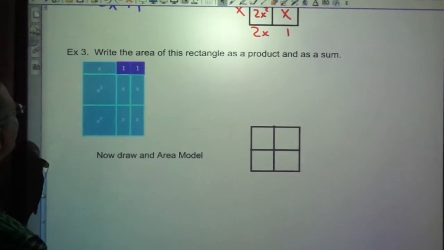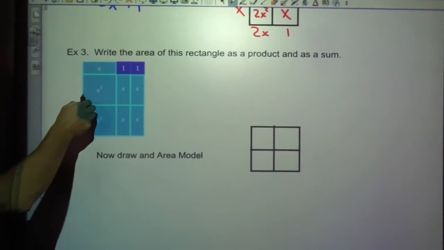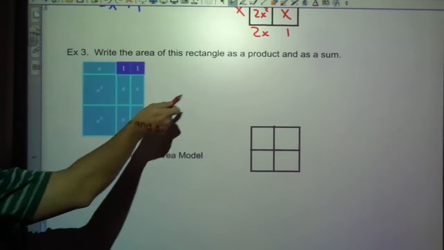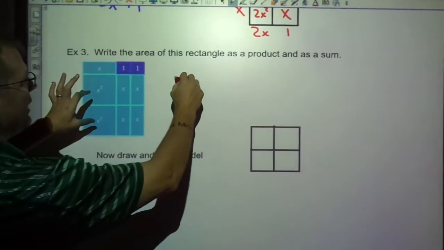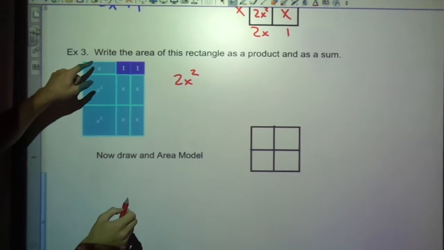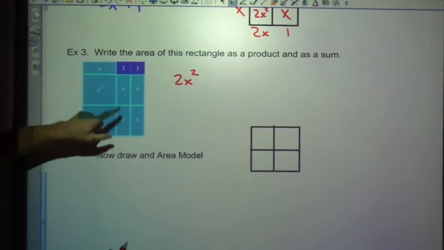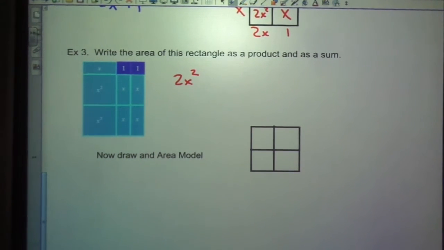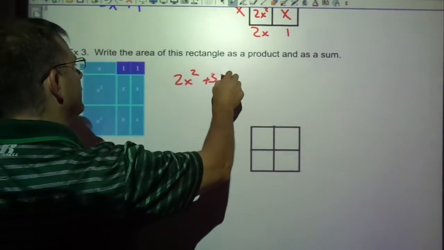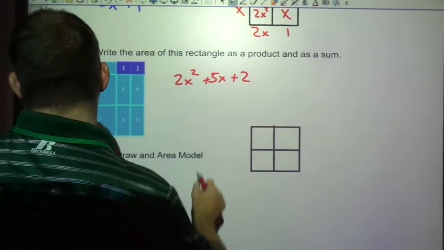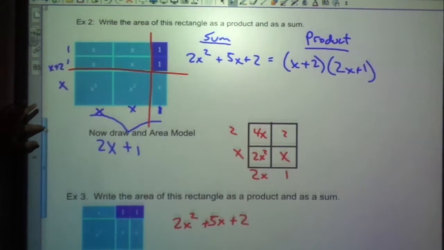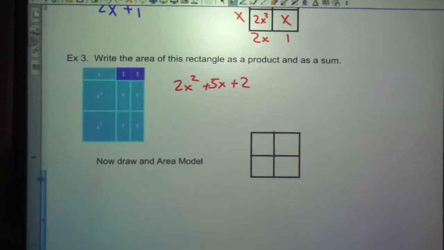All right. Good job. Let's see. If I make this as a sum, I've got 2x squareds. I've got 1, 2, 3, 4, 5 x's. Just the same thing. And I've got 2. Is this the same problem? No, it's just configured a little bit differently.